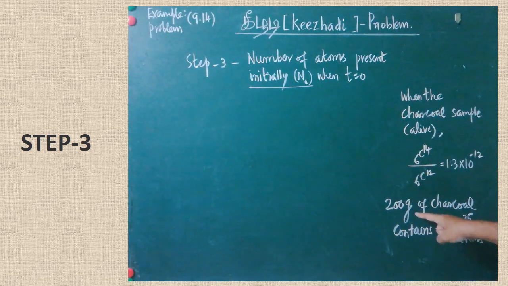One more thing was already found in the previous step. 200 grams of charcoal contains how many carbon atoms? 1 into 10 to the power of 25 carbon atoms are present in 200 grams of charcoal. By using these two data, N naught can be calculated. How to write N naught?